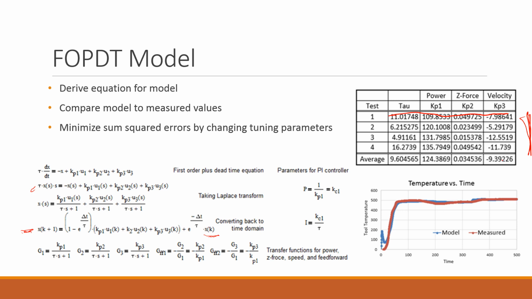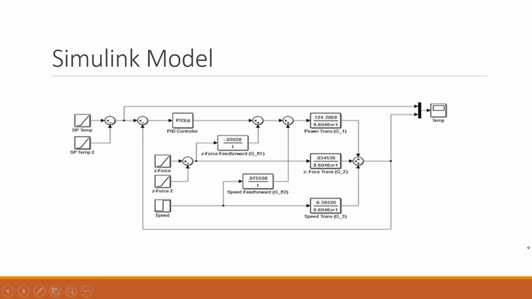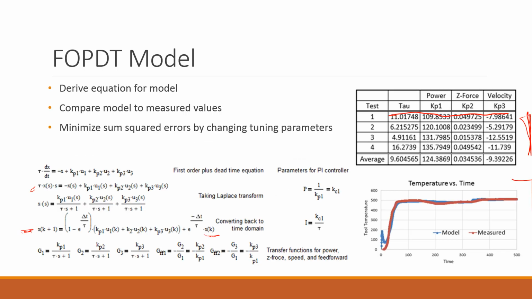So after taking the average, we had those four average tuning values, and here's just an example of what our graphs look like. You can see the blue is the model and the red is the measured, and they fit quite closely. We had 5 sets of data, but we threw out one because the numbers were quite off compared to the other 4 sets. So that's why I only have 4 on the table.